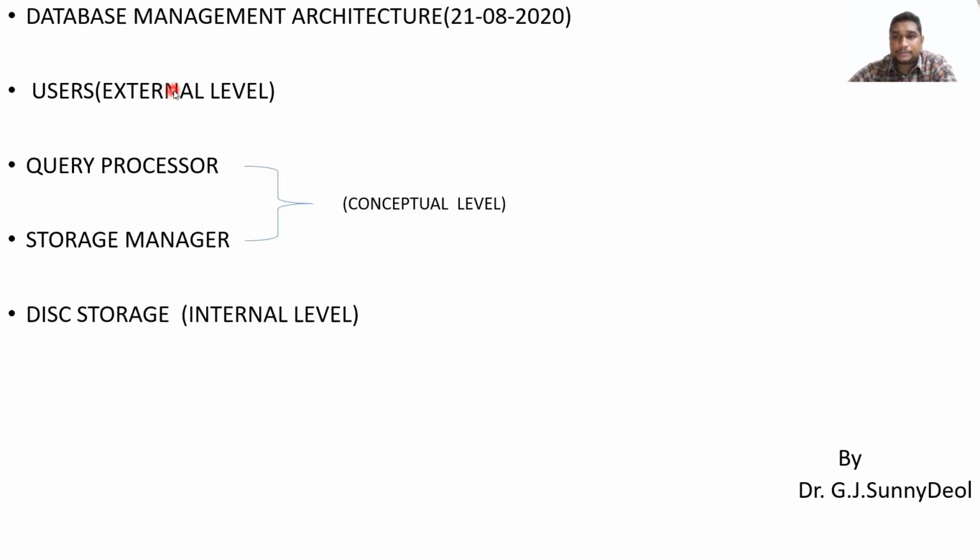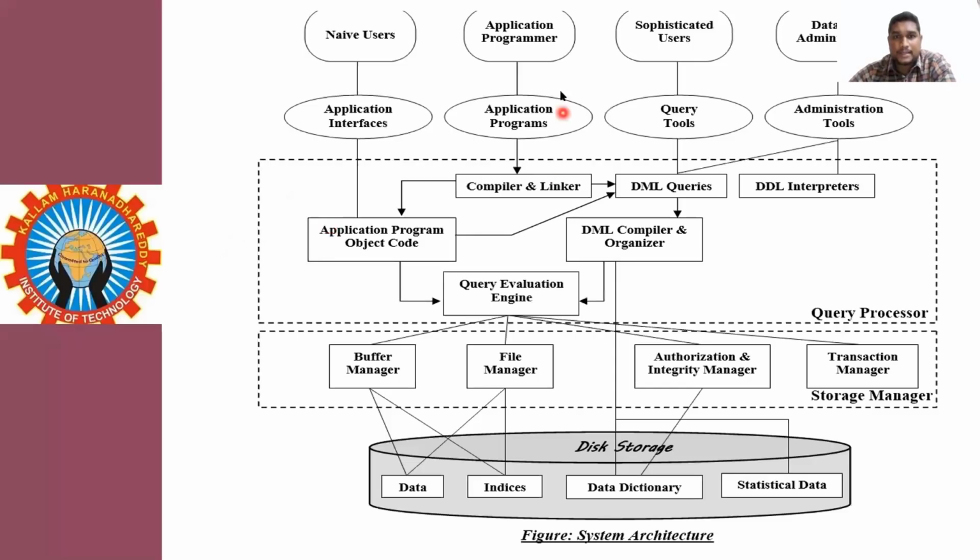First is various users, second is query processor, third is the components in storage manager, and finally the internal structure called disk storage. This is the diagram for DBMS architecture.